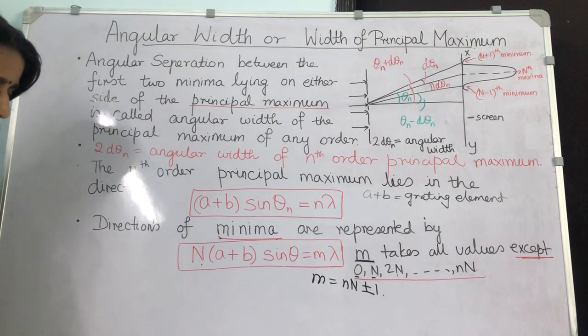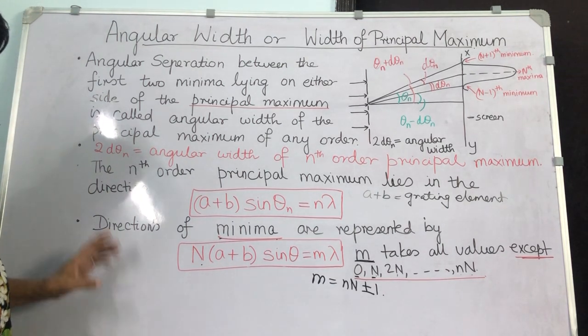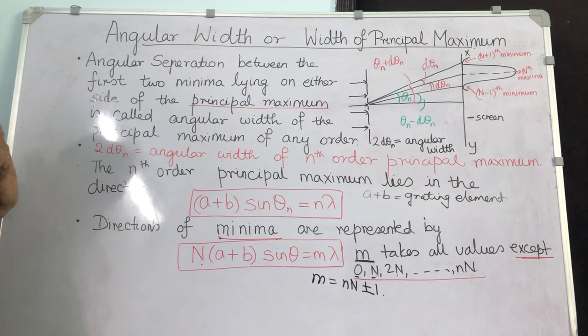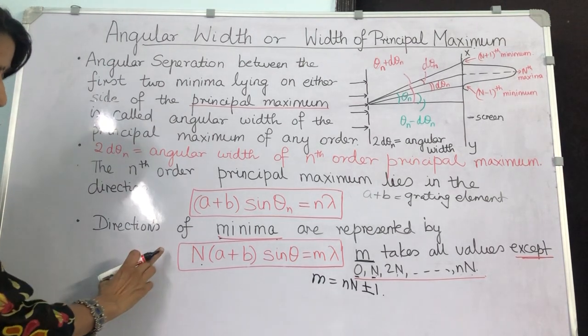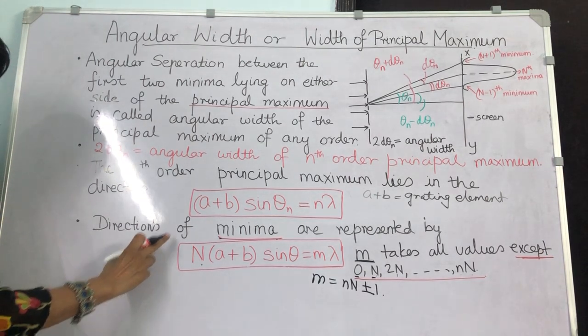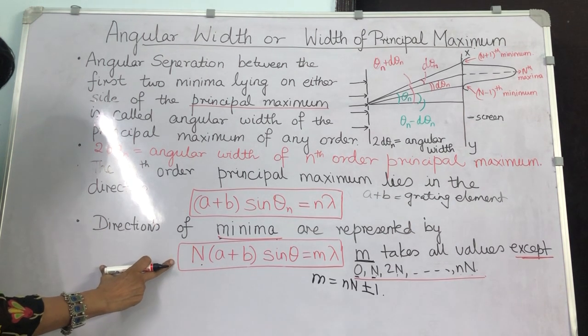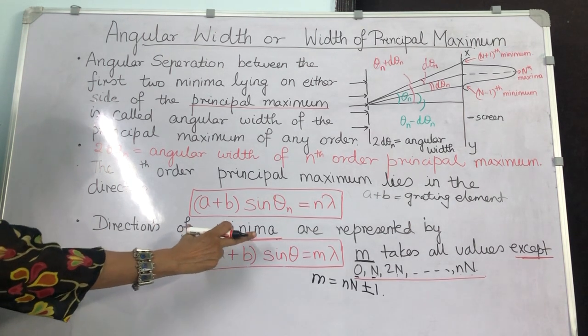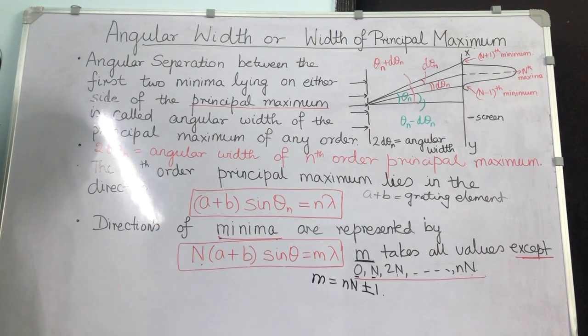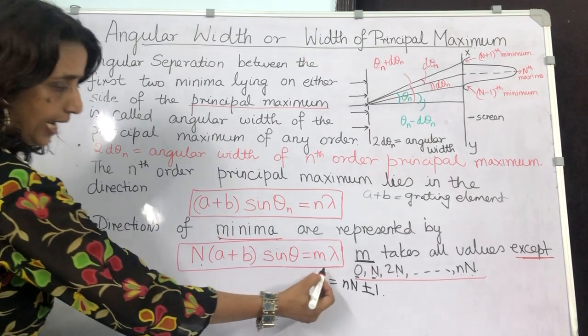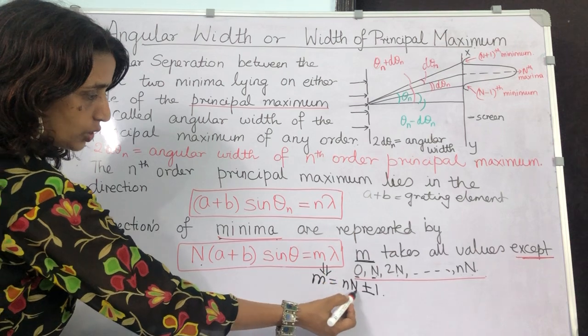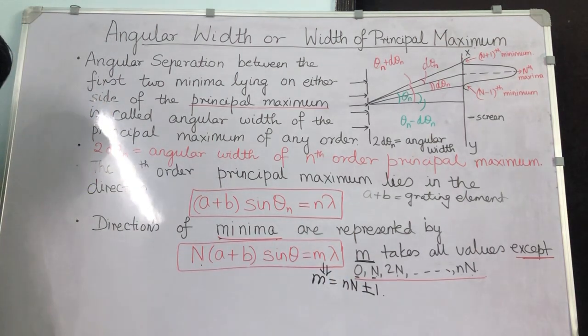Now let us begin to derive an expression for the angular width, or the width of the principal maxima. The nth order principal maximum is this, and the minima are given by N(a+b) sinθ = mλ, where m is nN ± 1.